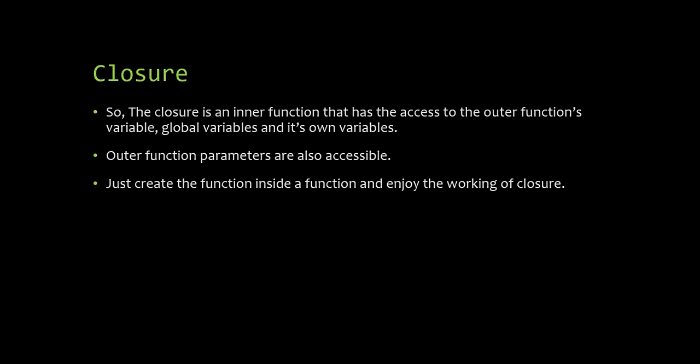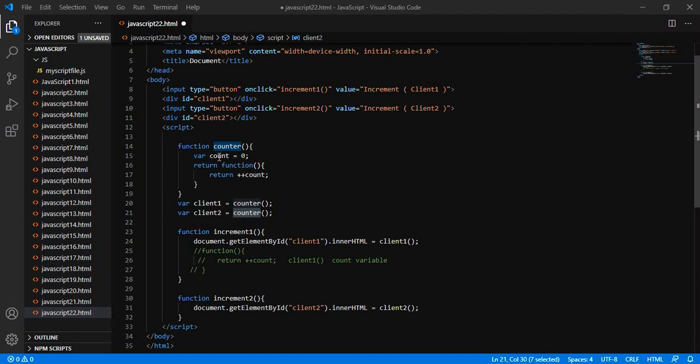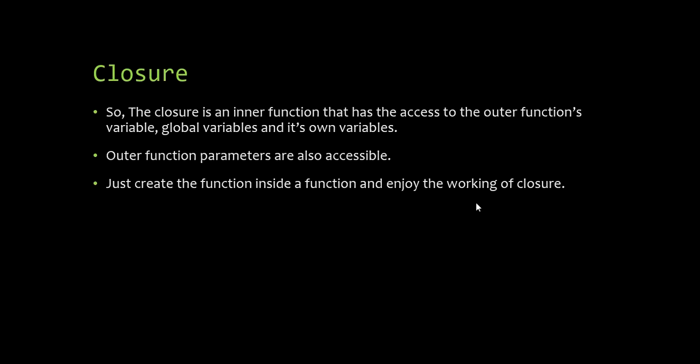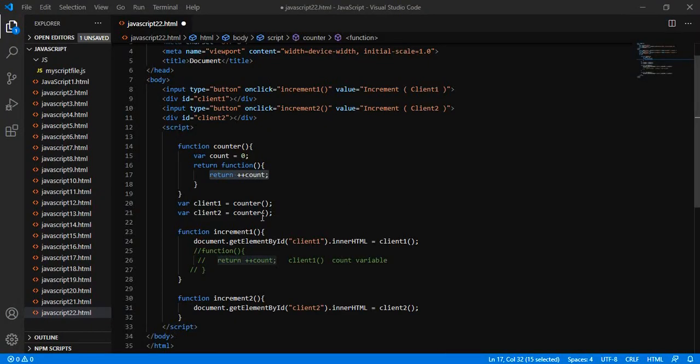In our example, we have access to the outer function variable, that is count, in our inner function, and the parameters of the outer function are also accessible from our inner function with the help of closure. Let's see that with some modification in our existing example.